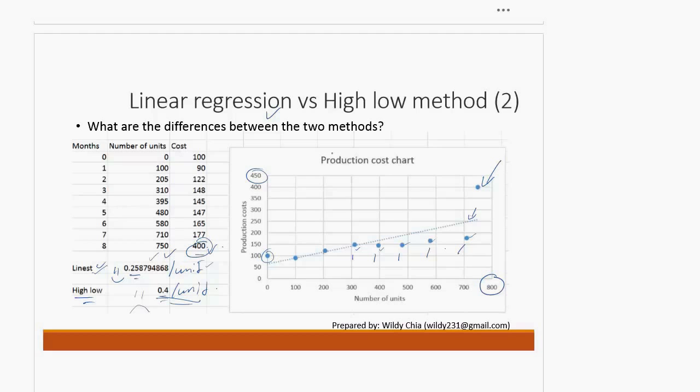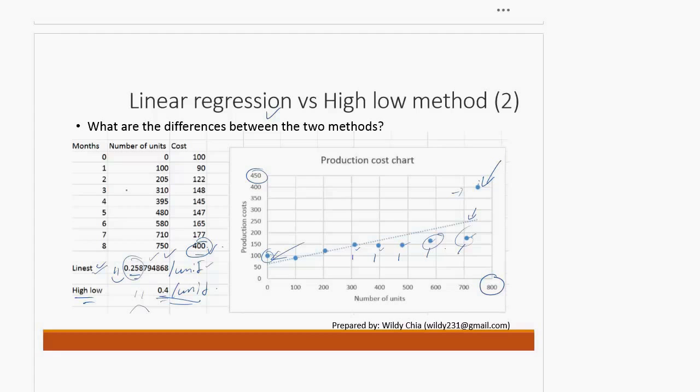But the high-low method ignores extreme values like these. It only considers the highest and the lowest point here. If we use linear regression, your result would instead be 0.2587, or 25.87 cents.